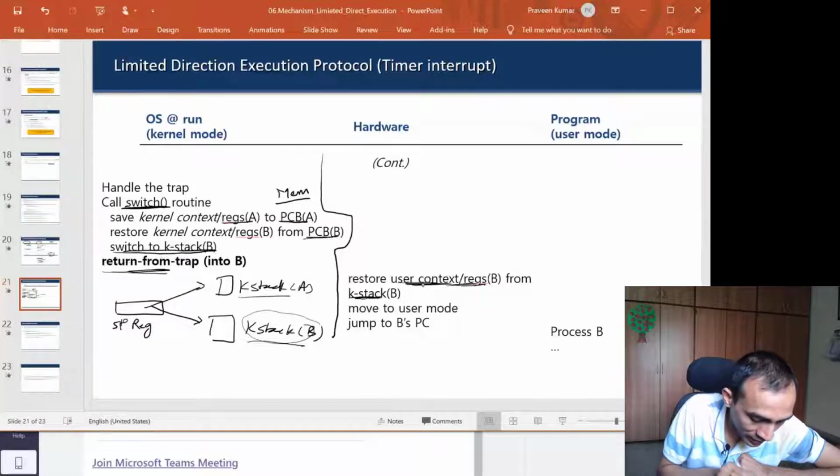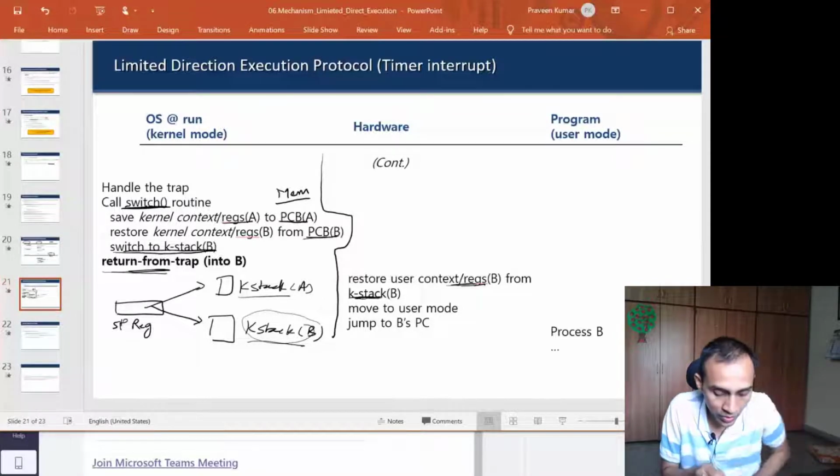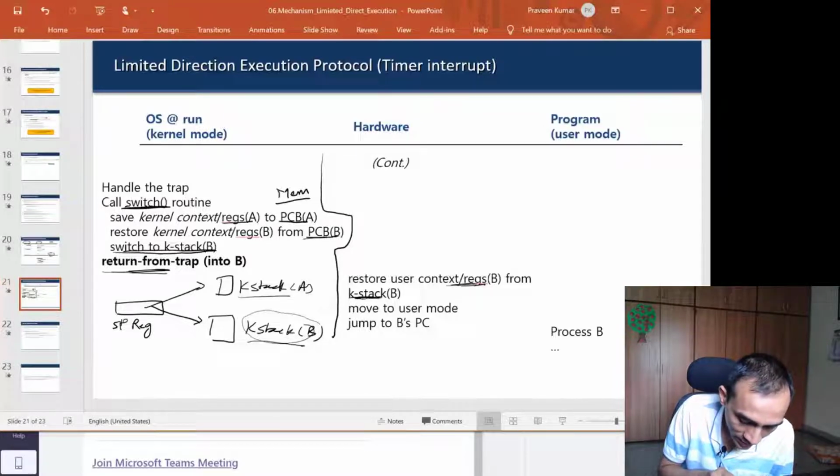There are two different things: one is called the kernel context and the other is the user context, which I'll explain in a second. So it is going to restore that context from the kernel stack of B. It is going to demote the privilege mode.